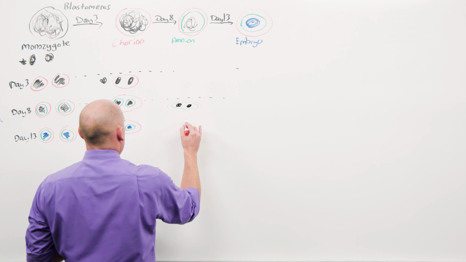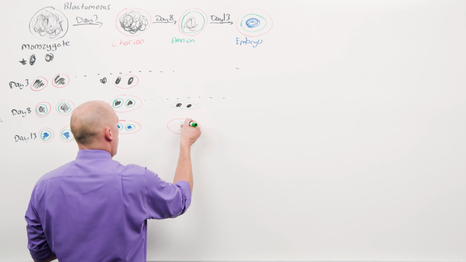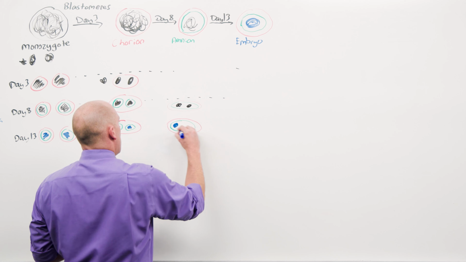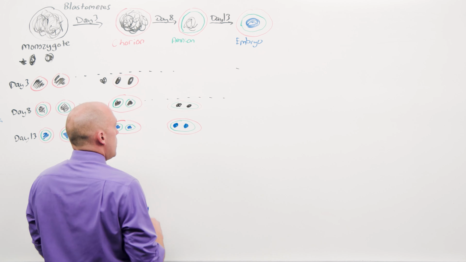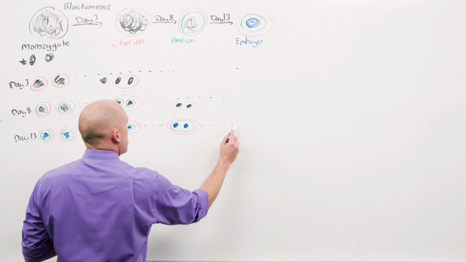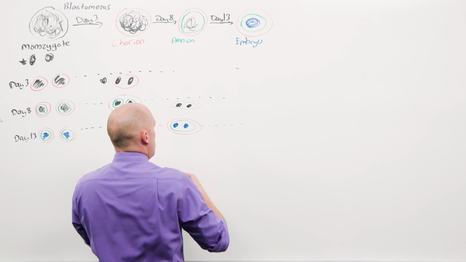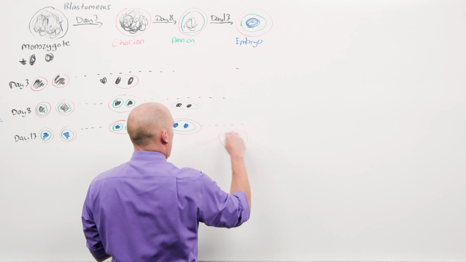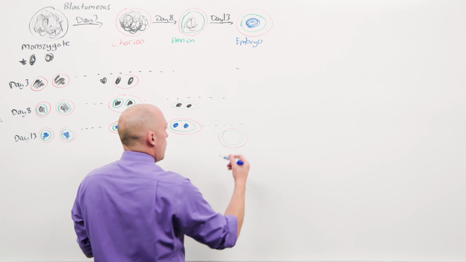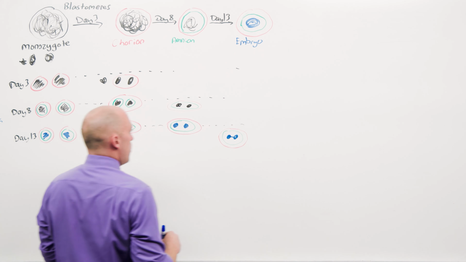On day 13, you're going to get 1 chorion, 1 amnion, and 2 embryos. If that twinning event happens after day 13, after differentiation of the embryo, you will have 1 chorion, 1 amnion, and, quote, 1 fetus, as they will be conjoined.